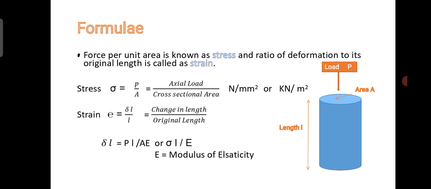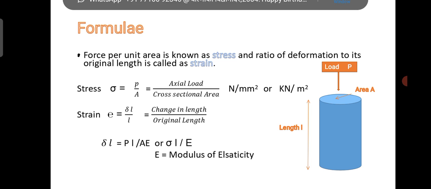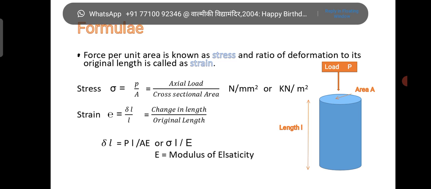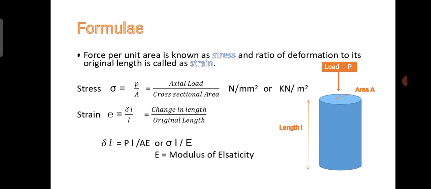Strain is given by delta L by L. L is the original length and delta L is the change in length. If the modulus of elasticity is given in the problem, then we can calculate the deformation by using P into L divided by A into E. P is the axial load, L is the length, A is the area, and E is the modulus of elasticity.